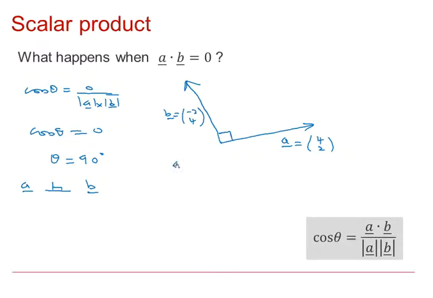And if we dot them together, a dotted with b, we get (4,2) dotted with (minus 2,4), which in this case would be minus 8 plus 8, which is 0. So we've got a little example there showing us that it does give us perpendicular vectors.